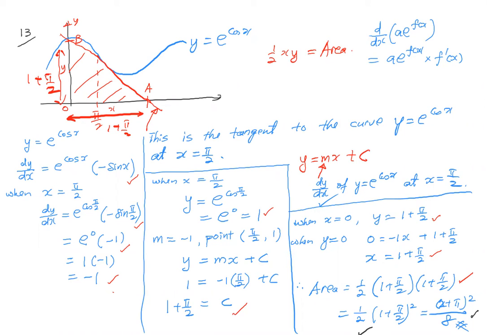From here, m is the gradient of the tangent at x equals pi by 2. So isn't it that when x equals pi by 2, my dy/dx equals -1? So have I explained that? Yes. Okay, so anything else?